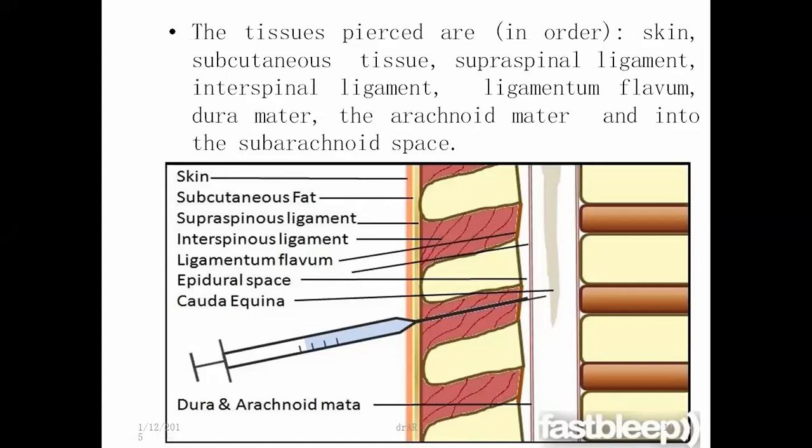After dura mater, the needle will pierce the arachnoid mater and finally go into the subarachnoid space. Once your needle is in the subarachnoid space, you have to draw your CSF. All right. So these are the tissues that are being pierced, in this order: first your skin, subcutaneous tissue, supraspinous ligament, interspinous ligament, ligamentum flavum, dura mater, the arachnoid mater, and finally the subarachnoid space.